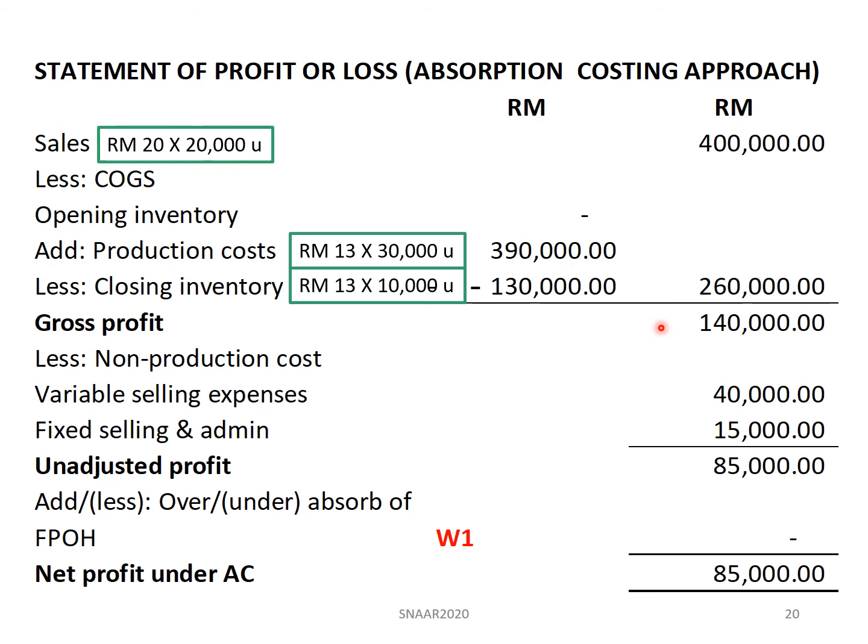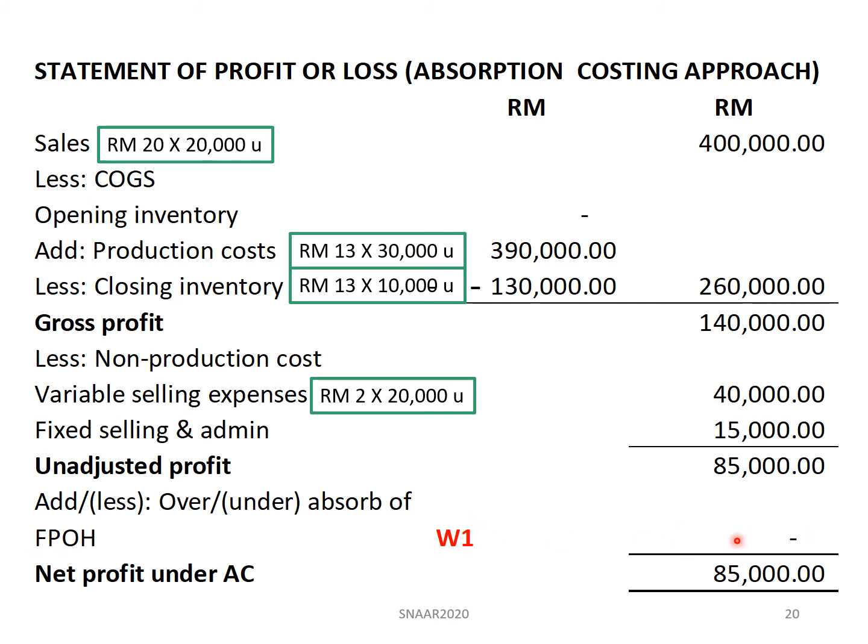So dapat gross profit of 140,000. Then selepas this gross profit, you akan tolak semua non-production cost. So the non-production cost yang pertama adalah variable selling 40,000, fixed admin and selling 15,000 right here. And then you dapatlah unadjusted profit. So next you akan add over absorb ataupun less under absorb of FPOH.